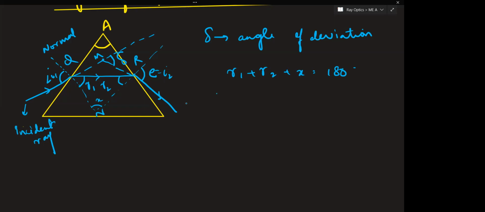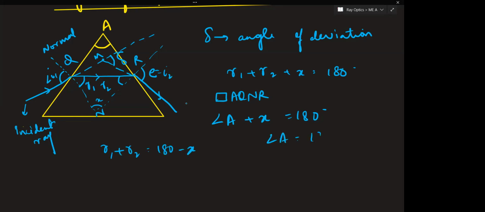The opposite angles of a quadrilateral sum to 180 degrees, so A plus this X is 180 degrees. From here, R1 plus R2 is equal to 180 degrees minus X, and angle A is 180 degrees minus X. So A is equal to R1 plus R2.